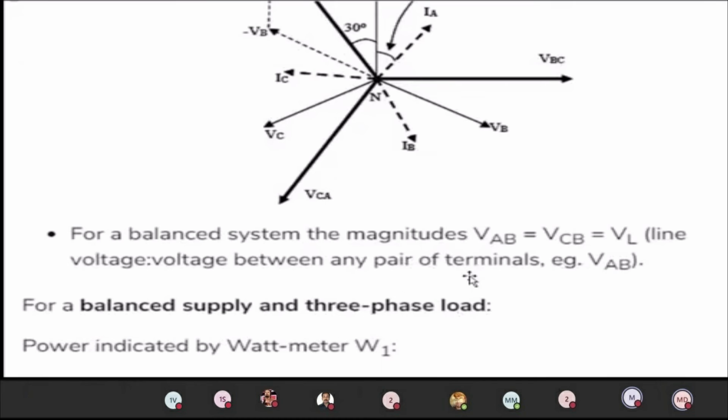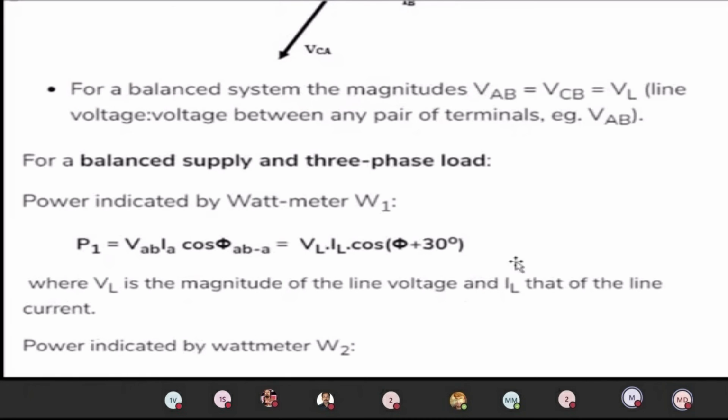So for a balanced system, the magnitudes VAB, VBC are equal to VL. Then by using the phase difference, we have to frame the formula. Power indicated by wattmeter 1 is taken as VAB IA cos of the angle difference between those two phases, cos of phi plus 30.